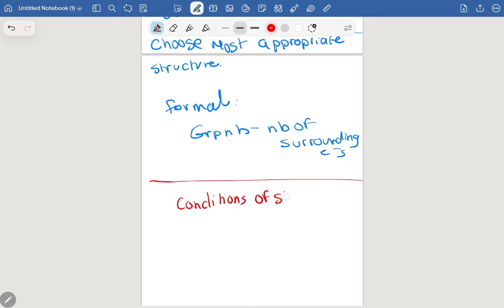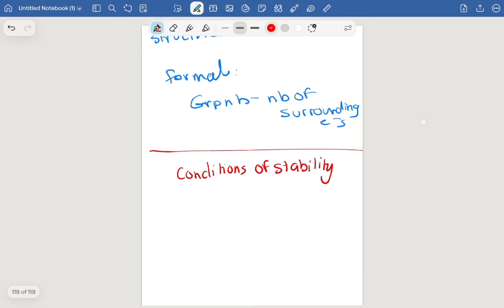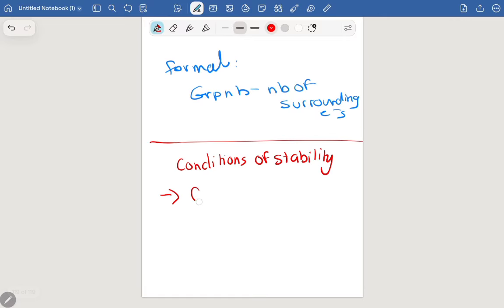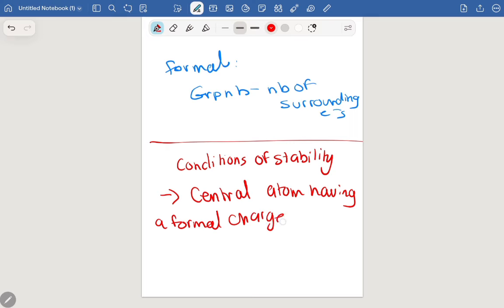First of all, it should have a central atom having a formal charge of 0. This is more preferable. And it should have most atoms having a formal charge of 0.